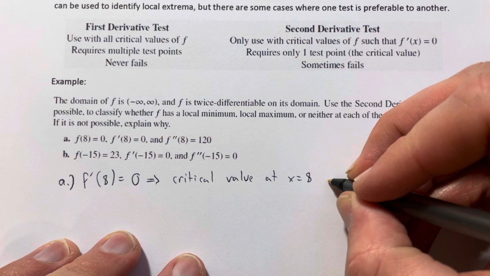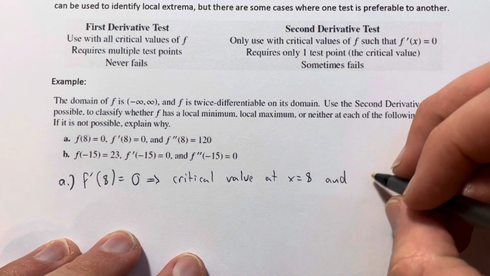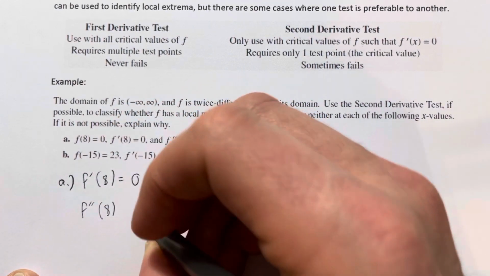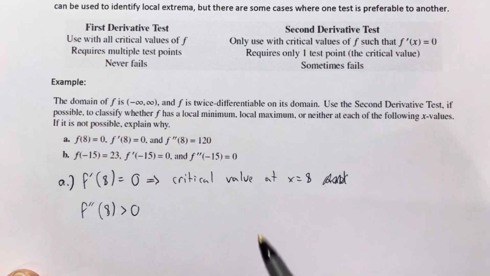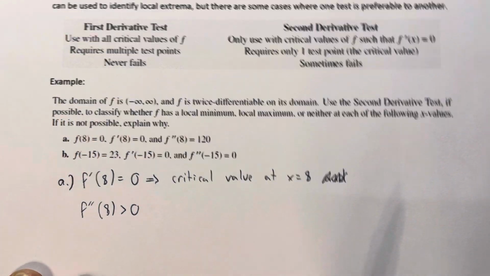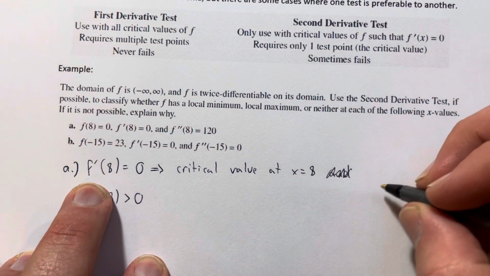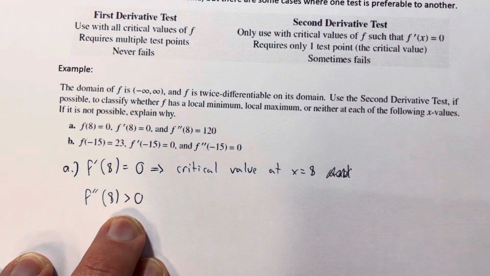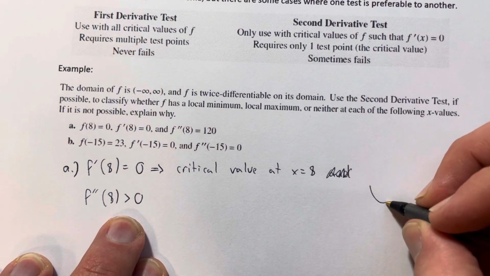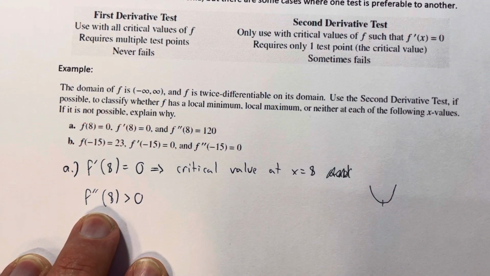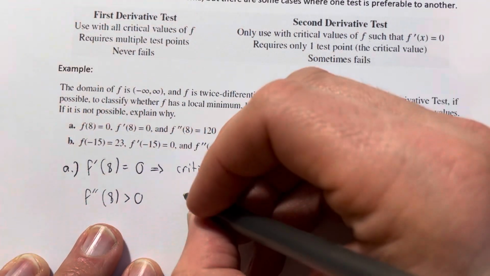Secondly, f double prime of 8 is positive because it's equal to 120, right? So here's what I know. I know that 8 is a critical value, and I know that my function is concave up at that critical value. That implies that we have a local minimum at 8.